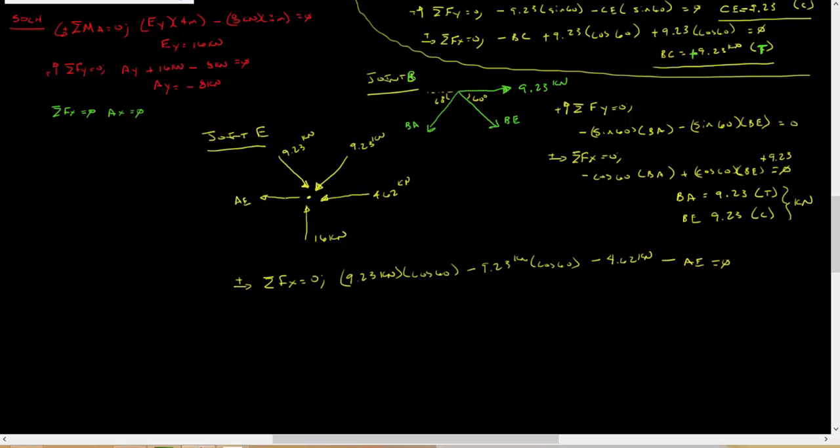Now why is AE going to the left? Because we're drawing it in tension. Everything else we've already solved for was in compression, except for my reaction force here. We solved that it was going up into the support to help hold the truss in place. So by plugging this into my calculator, I get negative 4.62 kilonewtons in compression.